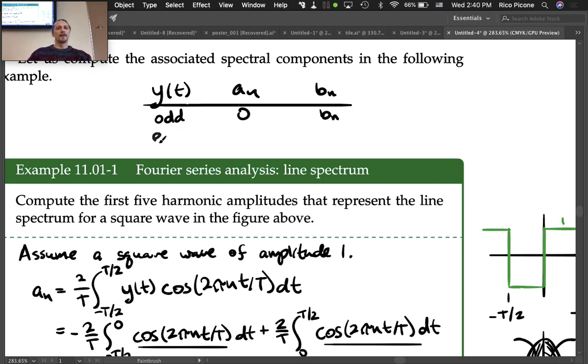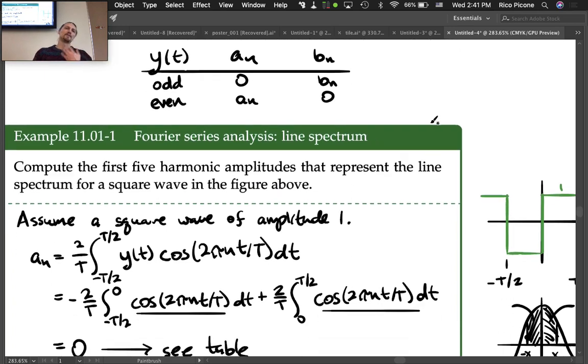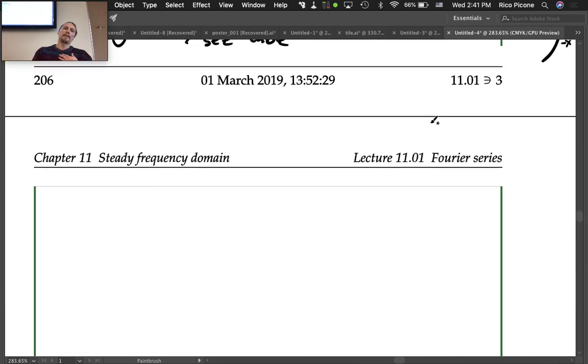If you have an even function, then an has to be computed, and then bn is always 0. So that's a nice little shortcut if you remember it. If you don't remember it, no big deal. You just have to do the integral and you find out it's 0. Oh yeah, I forgot. It was even or it was odd. I knew that had to happen. So there you go.